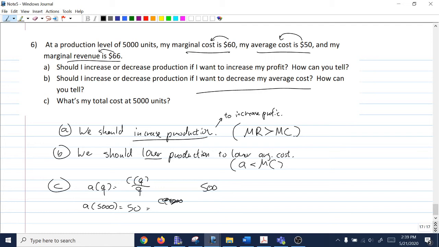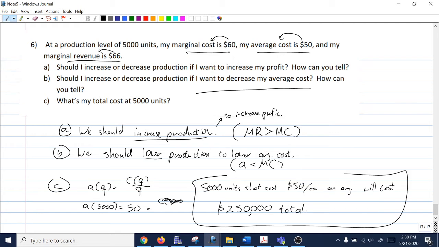So 5,000 units that cost $50 a piece on average will cost 5,000 times 50, which is 25 with an extra zero. That much total. And this equation can justify why you multiply by Q: I'm getting the C by itself.